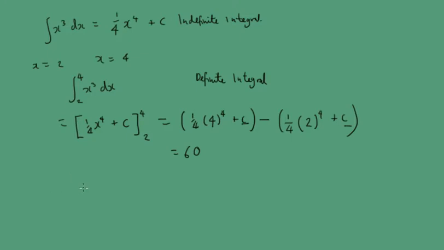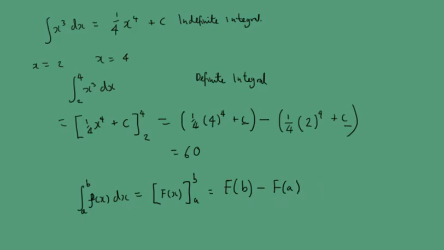So in general terms, we can think of the definite integral of f of x dx as equal to whatever that function is, with the value for b, and then the value with a.